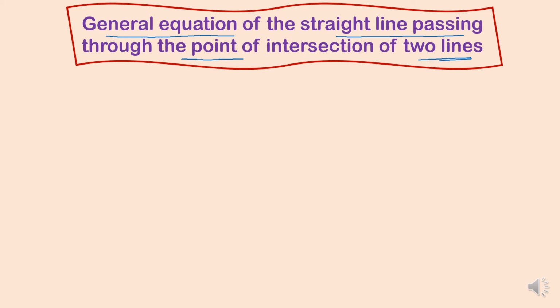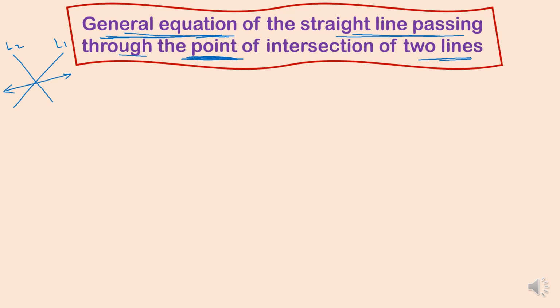If we have two straight lines, L1 and L2, this is the point of intersection of these two straight lines. The required is to find the general equation of a straight line passing through the point of intersection of two lines.